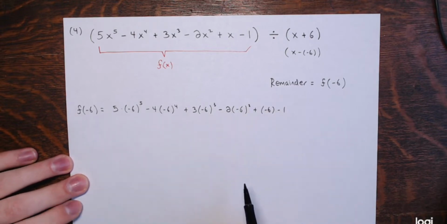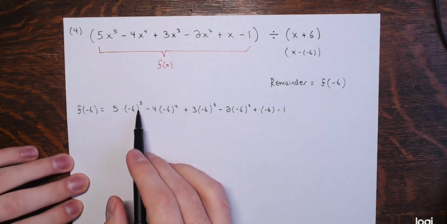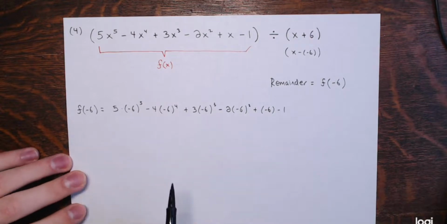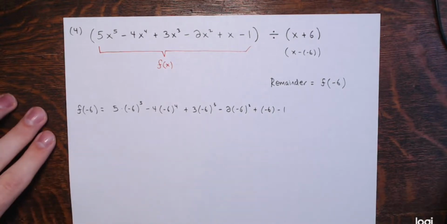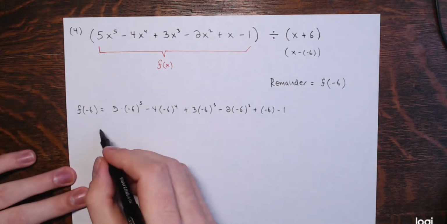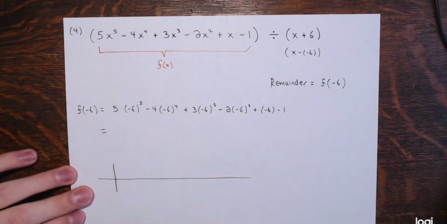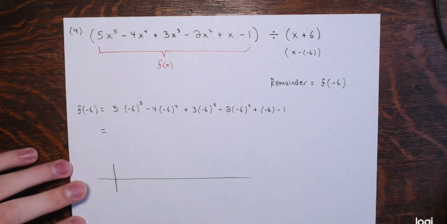Well, see how this one's going to be a little annoying, because raising 6 to the 5th power, I don't like that. I don't feel like using a calculator, so I'm just going to go right to the division, and I'll tell you what this should be equal to, and then you can use a calculator if you want to check yourself.